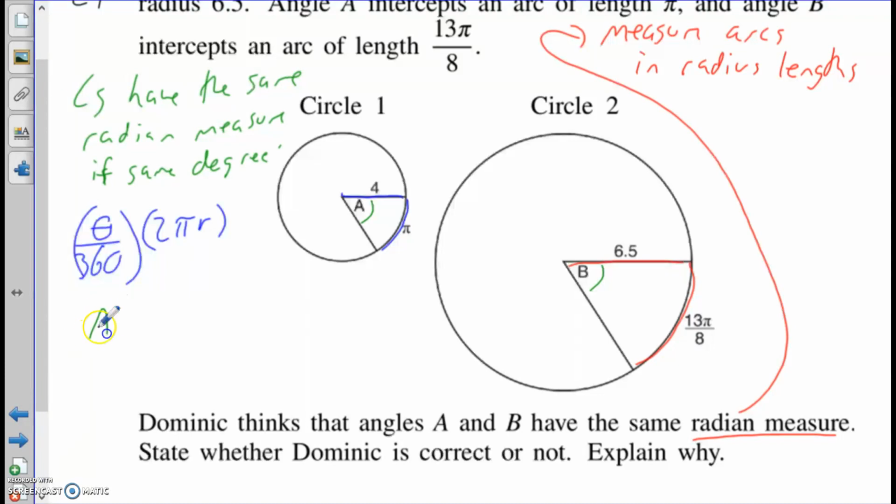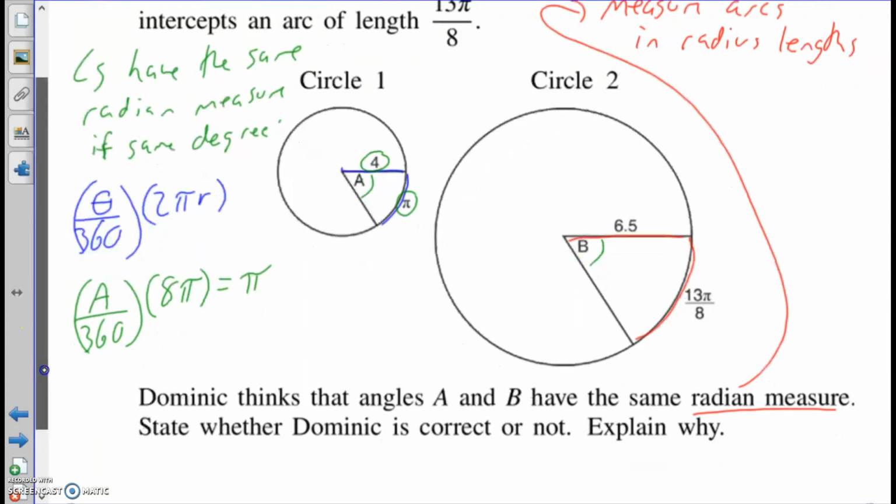So the angle we don't know. So I'm going to say A over 360 times, now 2 pi r with a radius of 4 is really 2 pi 4. That's going to be 8 pi. And we found out that this equals pi. The arc length is pi. So we're kind of doing the arc length formula backwards to get angle measures.